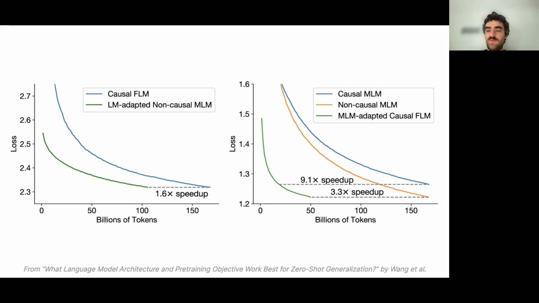Basically, if we took the blue model and trained it for just a little bit extra time via a masked language modeling loss, then it matches the performance relatively quickly. We get like a 9x speed up in terms of how quickly it converges to its solution, and about a 3.3 times speed up compared to the non-causal masked language model. So these adaptation results provide some way of getting the best of both worlds. And a very similar recipe was used recently in the U-PaLM paper, if anyone was familiar with that.